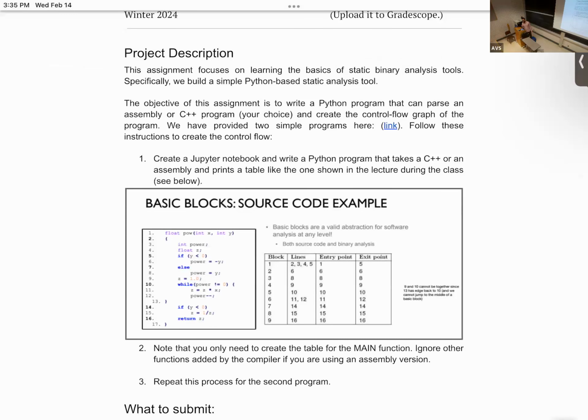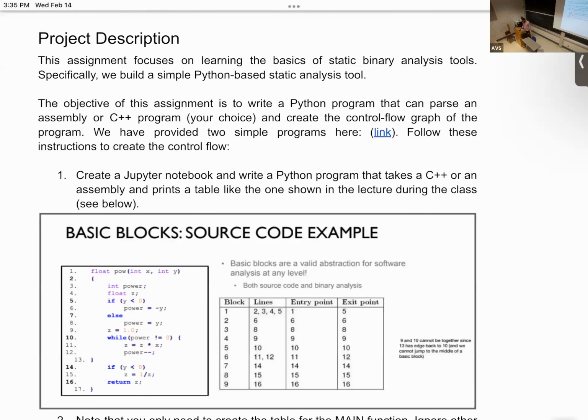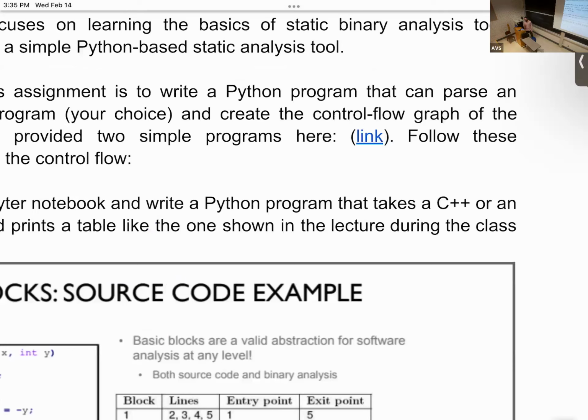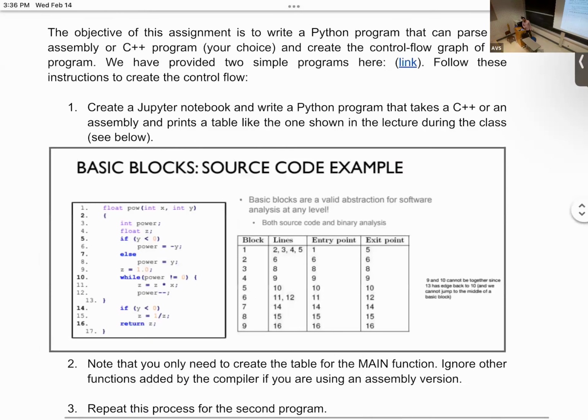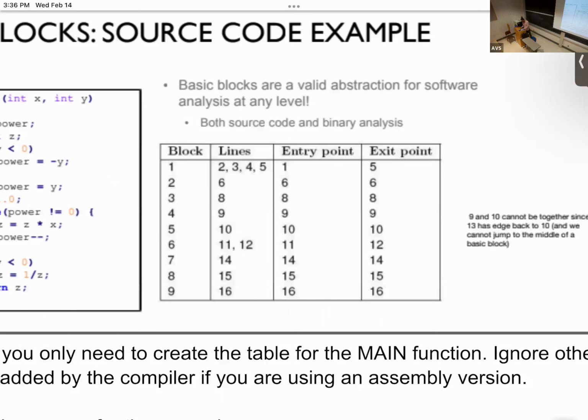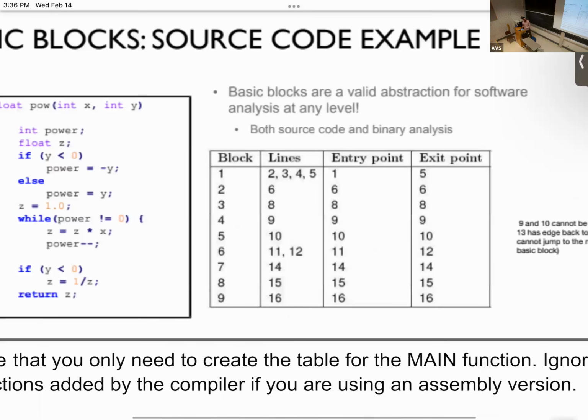One of them is a simpler program, and the other one is a little bit more complicated. You can click on this link and you will find them. I want you to write Python code that does automatically this thing that we did in the class. I want you to create this table for the given C++ program in those two files.